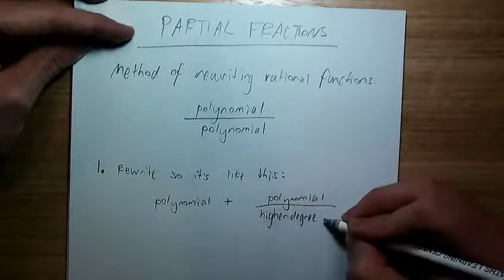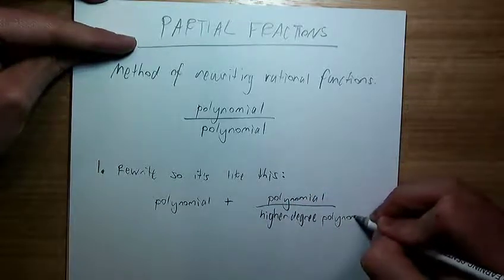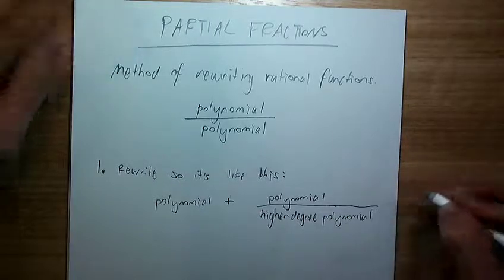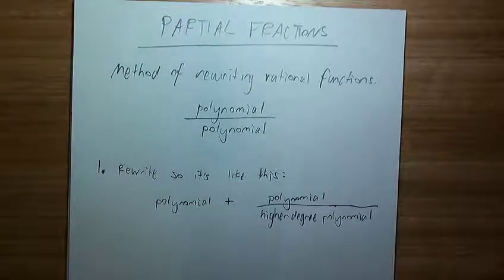You want it to be polynomial plus polynomial over higher degree polynomial than the one on the top. It doesn't matter how it relates to this one, that's irrelevant. It's how it's higher than the one on the top of the same fraction. That's what you need to do. You might not have to do that. It might already have a higher degree on the bottom than the top, and then you're good.